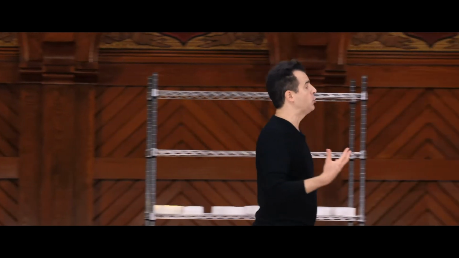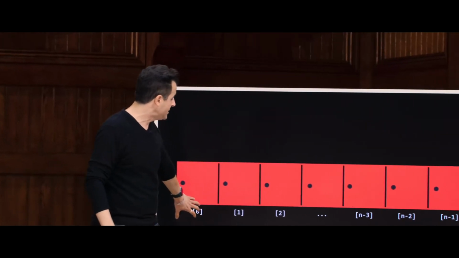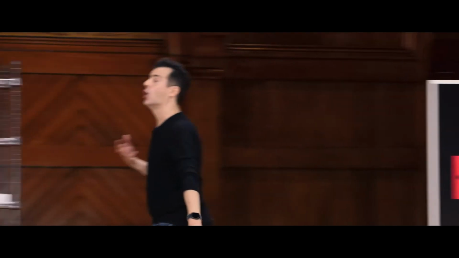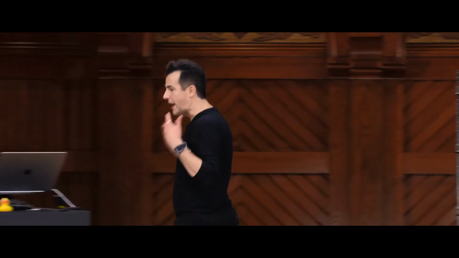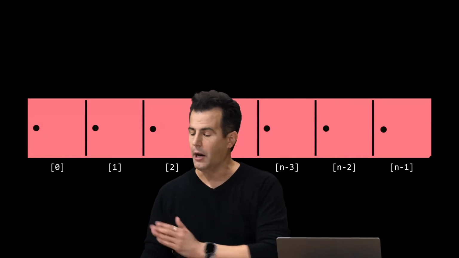So think too that in the general case, when we have more than 8 volunteers, more than 7 doors, we can generalize our array in general as this is the first element at bracket 0, and the end of it is always n minus 1. So arrays, or doors in this case, or volunteers are always numerically indexed from 0 on up to n minus 1, if there's n of them in total.